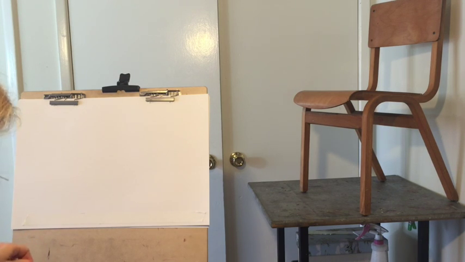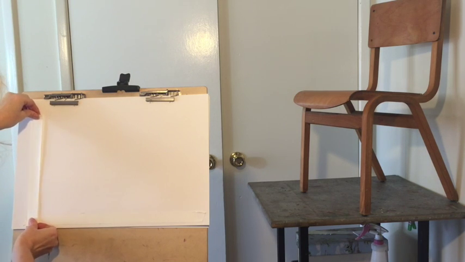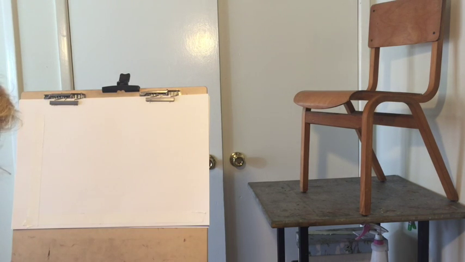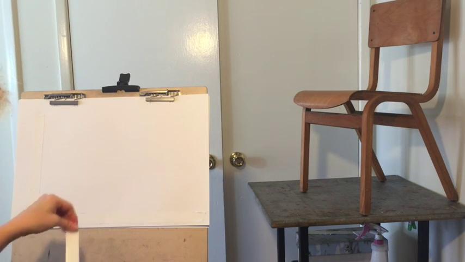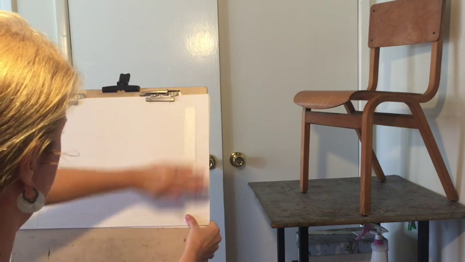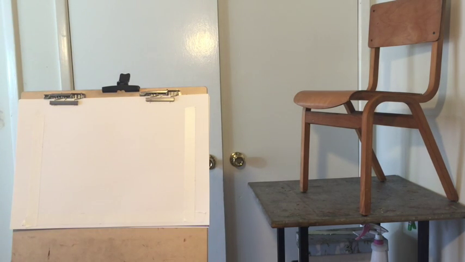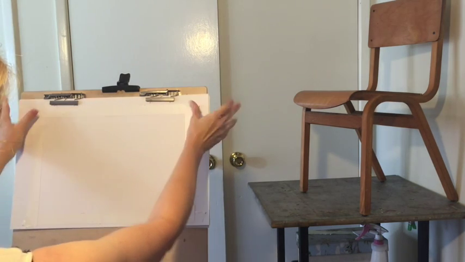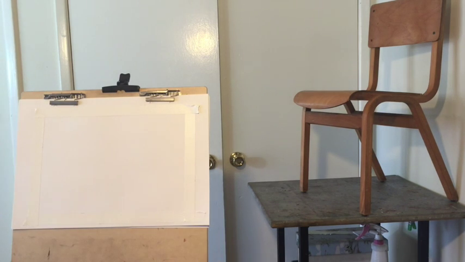So when you looked through your picture plane and you did your drawing, think about where you want your borders to be for your drawing. This will also help give you a nice clean presentation when you're done. It's really fun to take the tape off. It's like peeling off a Band-Aid, if you're into that sort of thing. So I have masked off an area on my paper.